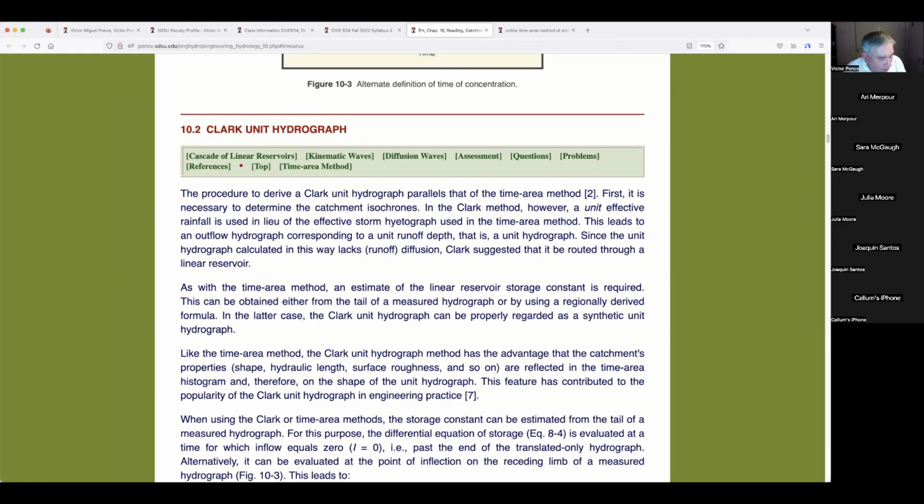And I said, Nicole, why don't you do this? You need to write it all out and tell the story of the difference between Clark's original and Ponce's Clark. And she did it. It took her 4 months because that's usually the procedure, the semester duration. And she wrote a very beautiful paper that we are going to get into next time we meet. Nicole's paper on the comparison between the Clark original and Clark Ponce hydrographs.